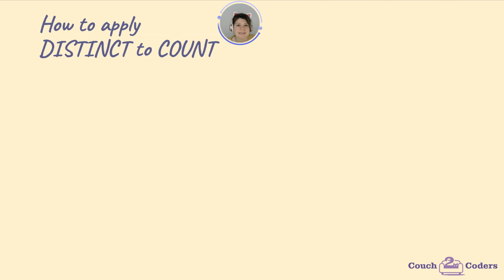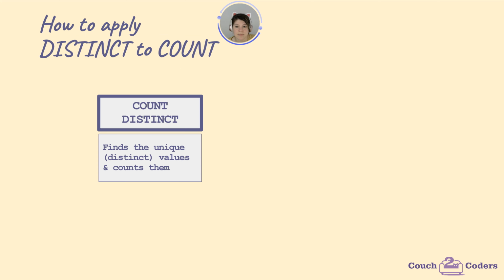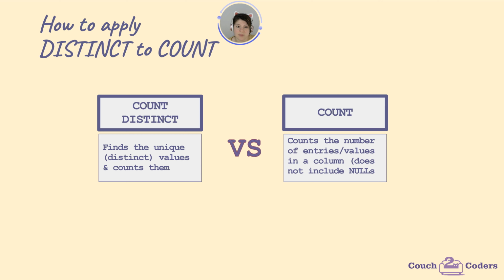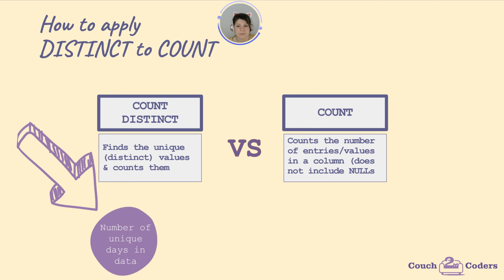So how to apply distinct in count? Count distinct finds the unique or distinct values and counts them, versus regular count. Regular count counts the number of entries or values in a column, and neither of these include nulls. So count distinct, you think the number of unique days in the data.